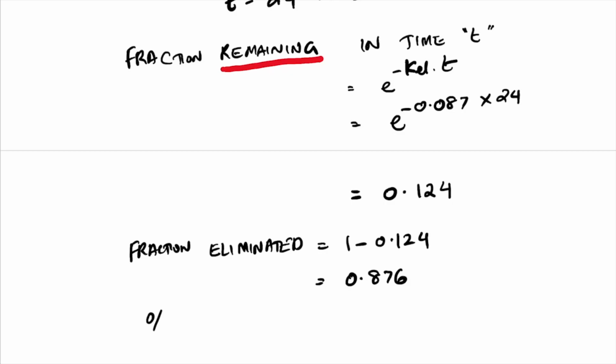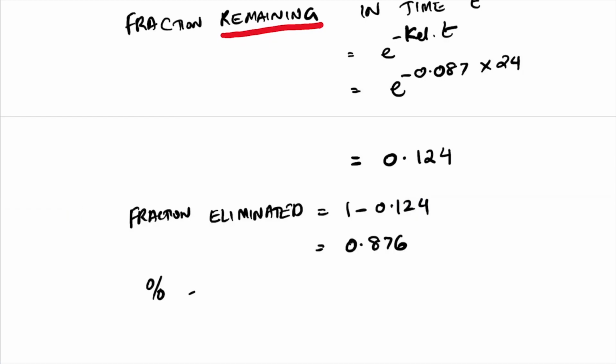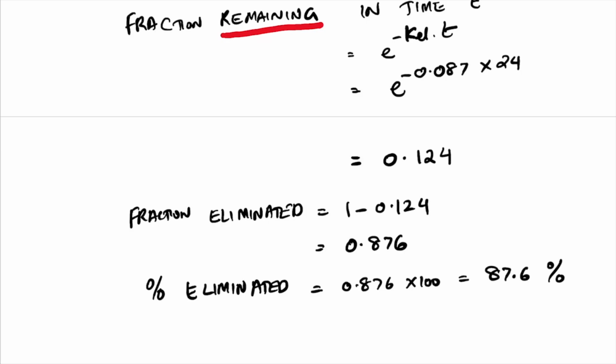So then percent eliminated is 0.876 times 100, which is equal to 87.6%. So that's the answer to that question. 87.6% of the dose is eliminated.